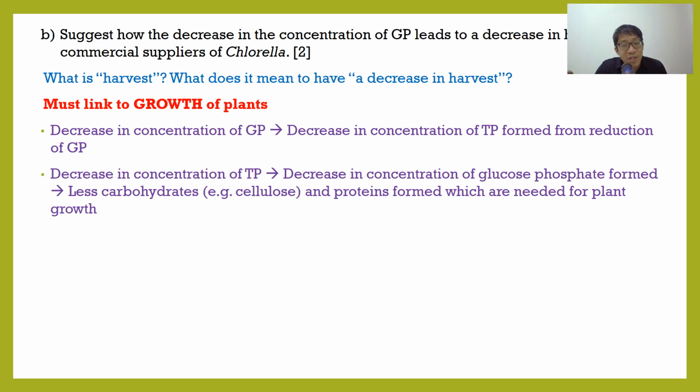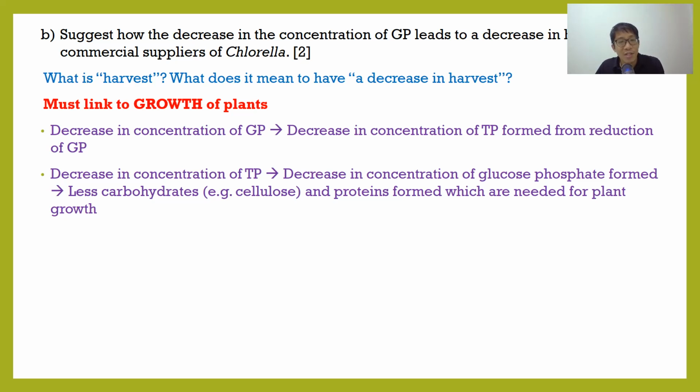Okay, so obviously with a decrease in GP, there's a decrease in TP as well, because there's less reduction from GP. And with less TP, you know that TP forms the glucose phosphate. So there's less glucose formed, and the plants being producers make all their biomolecules from this glucose.